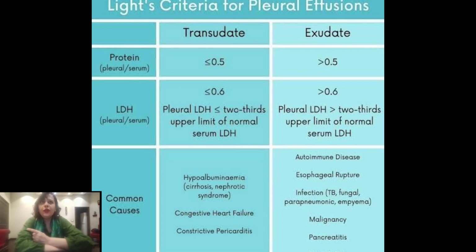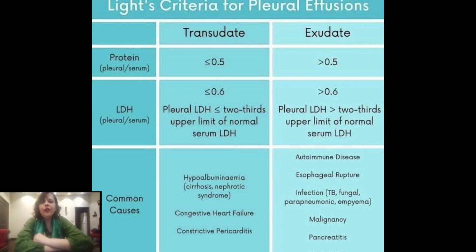If the ratio of pleural protein to serum protein is 0.5 or more, it is exudative. If the pleural LDH to serum LDH ratio is more than 0.6, again it is exudative, or if pleural LDH is 2/3 of the upper limit of the serum LDH. Only one criterion out of these three is required to label the pleural fluid as exudative.